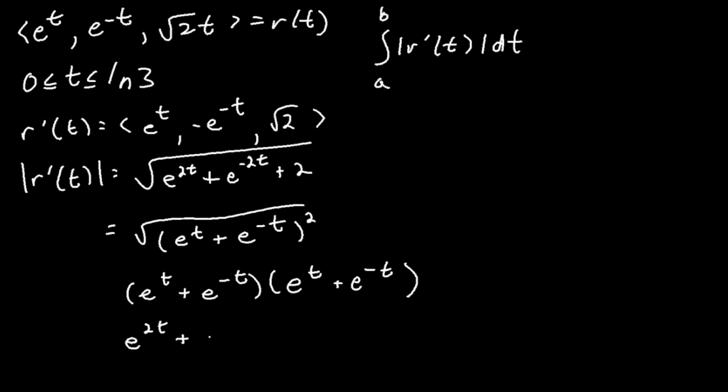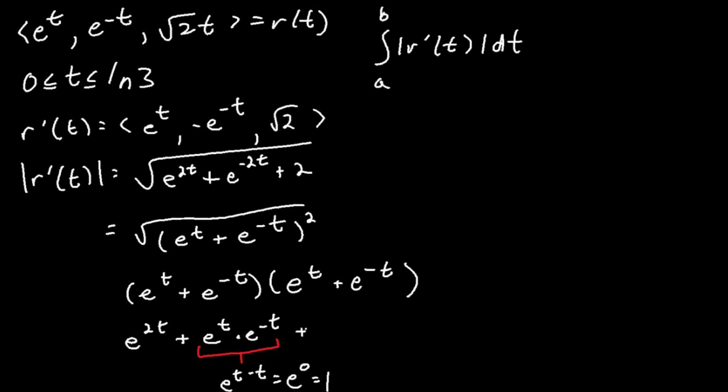And when you multiply things, as I said before, what happens? This turns into e to the power of t minus t, which is equal to e to the power of 0, which is equal to 1.